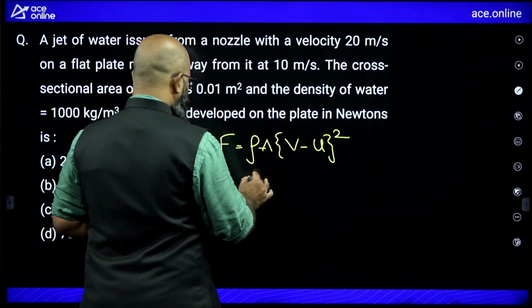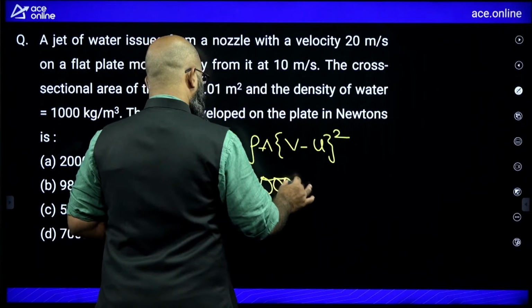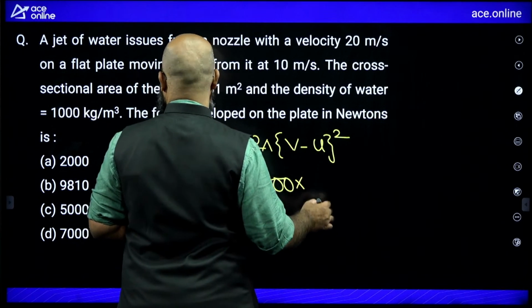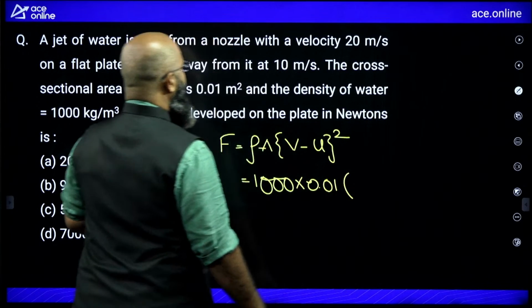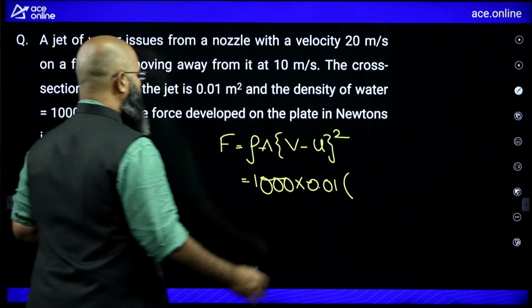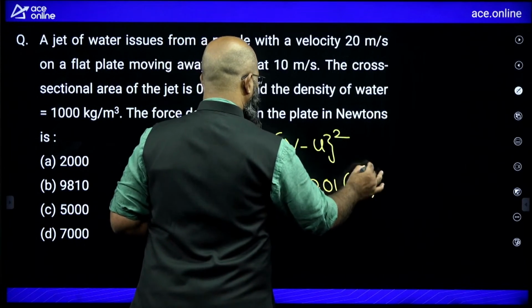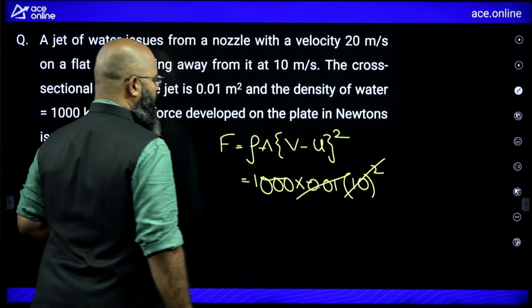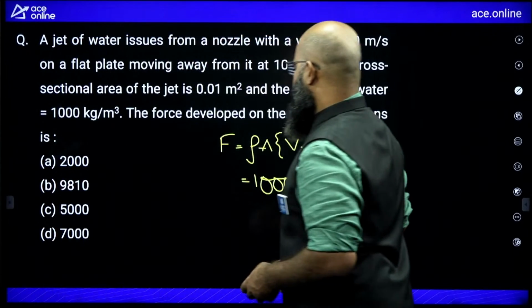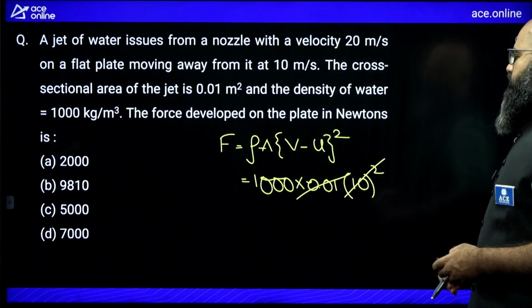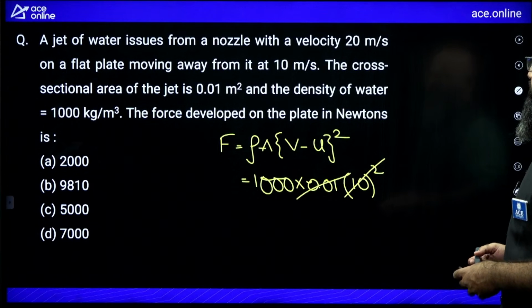Rho over here is equal to 1000. Area over here is given as 0.01. V over here is 20, U is 10. So 20 minus 10 is equal to 10, 10 square. 10 square, 0.01 cancel off. The answer will be 1000 over here.